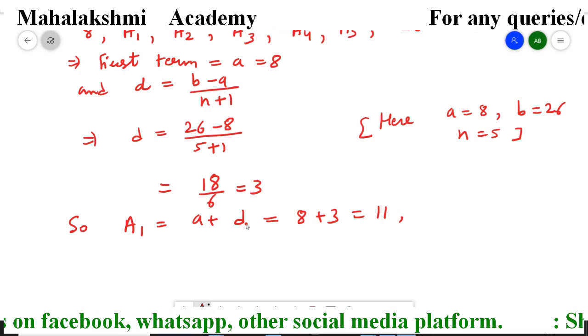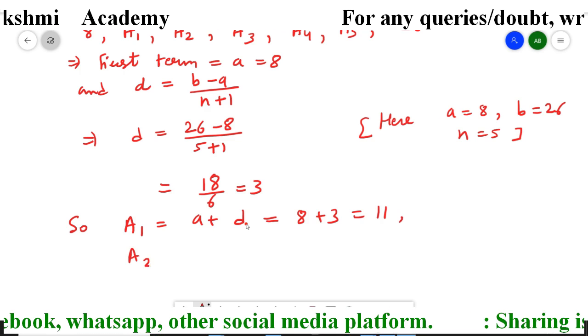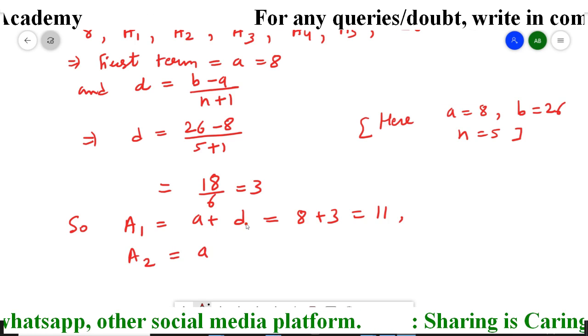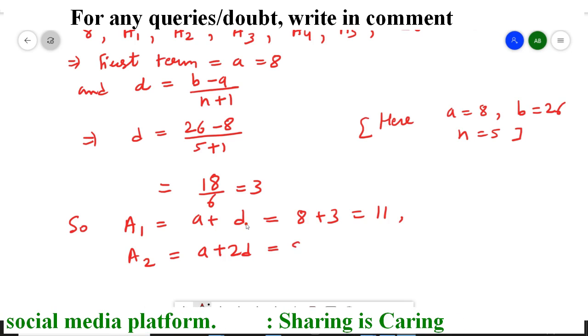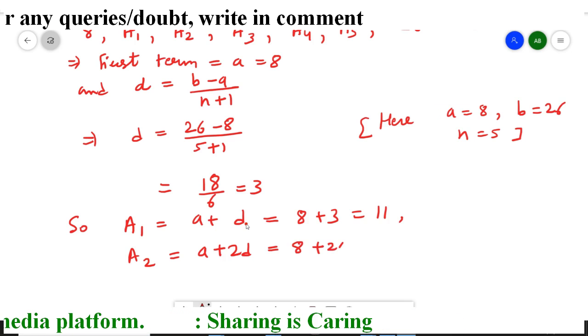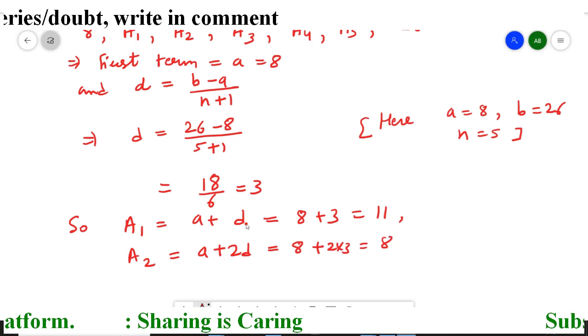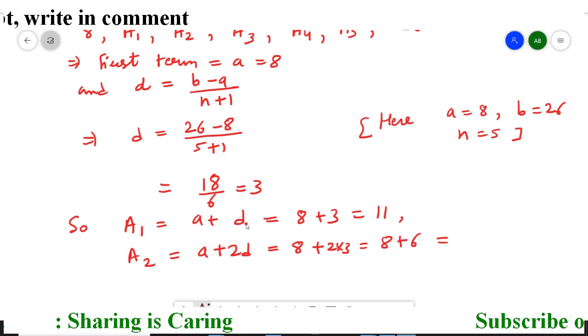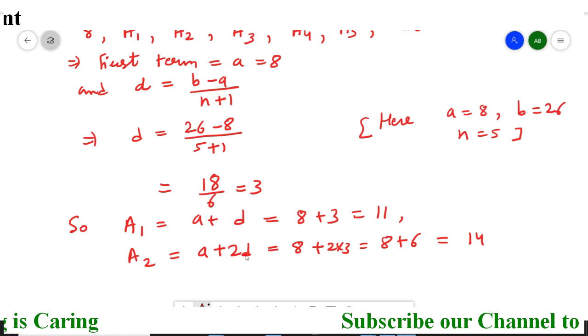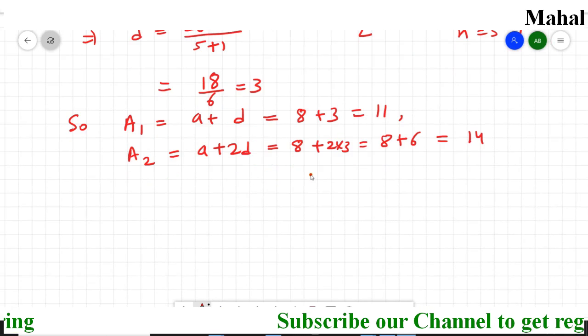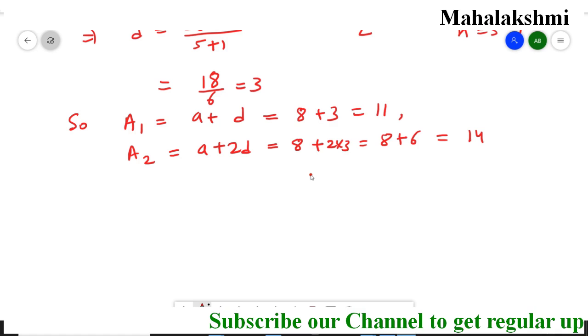In the same way, we'll get A2 also, that is A plus 2D, that will give us 8 plus 2 into 3, so 8 plus 6, 14. And in the same way, we'll calculate A3, A4 and A5.